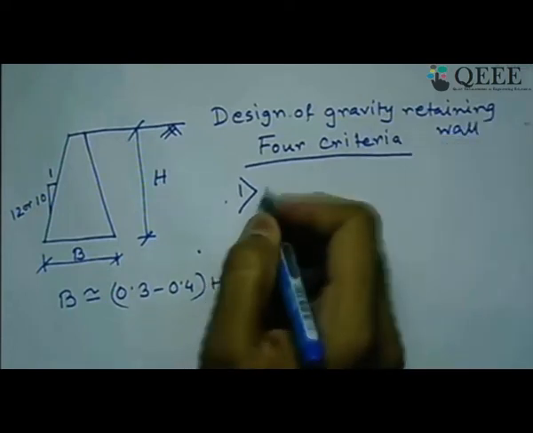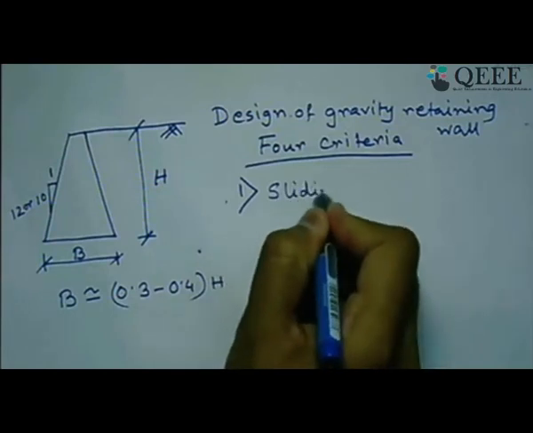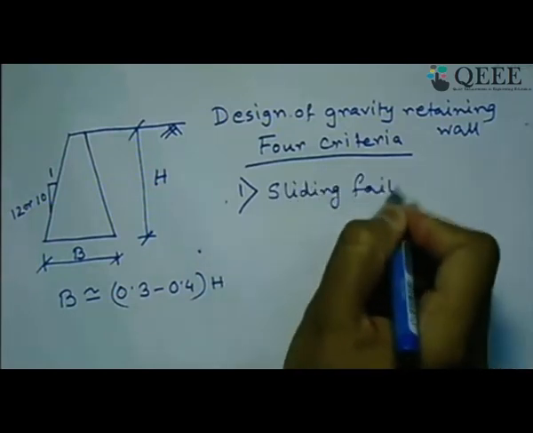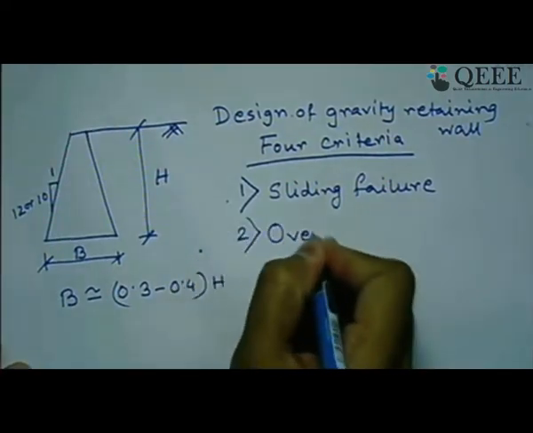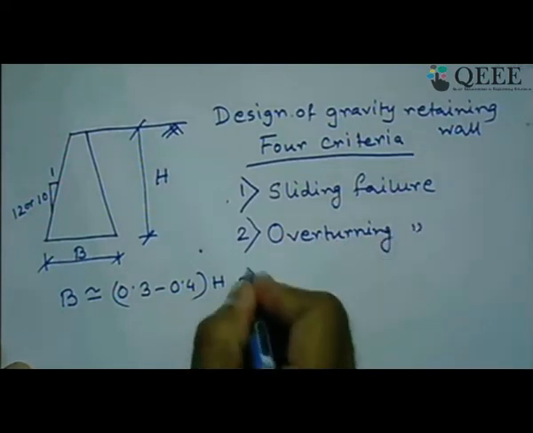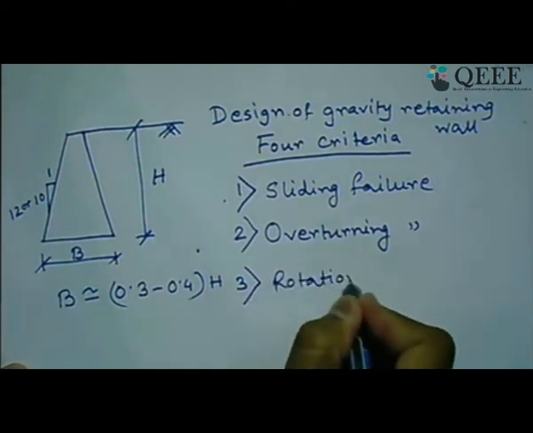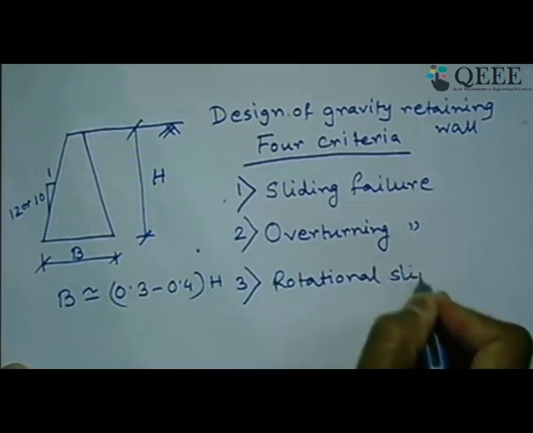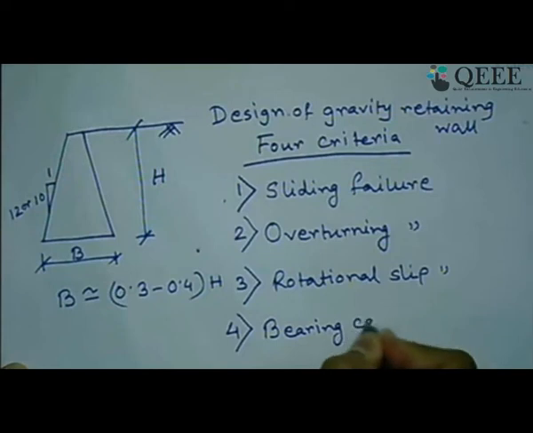So the first criterion, from the stability point of view, is the sliding failure criterion. The next criterion is the overturning failure criterion. The third criterion is the rotational slip failure criterion, and the fourth criterion is the bearing capacity criterion.